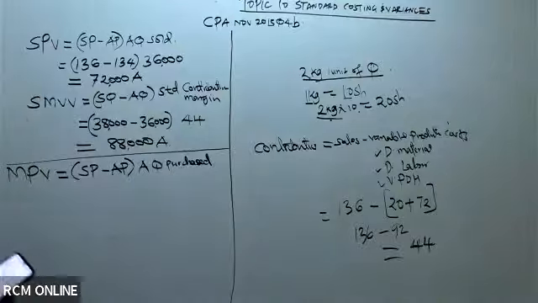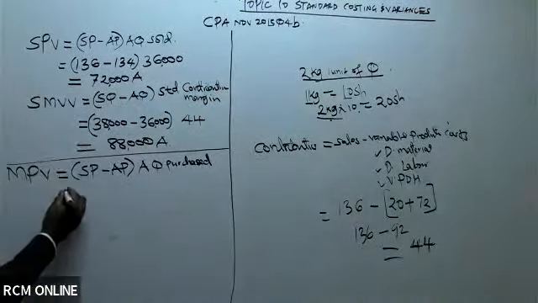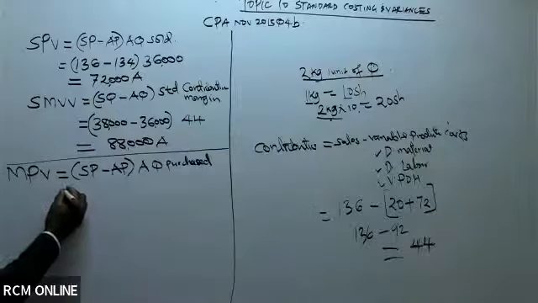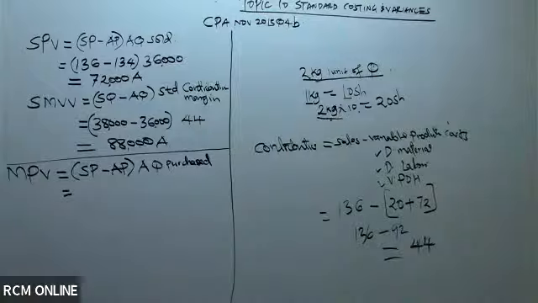Now, are you able to give me the standard price for them to be able to purchase material? What was the cost per kg of this material? If you look at the standard cost card, we are told that material utilized is 2 kgs at 10 shillings per kg.